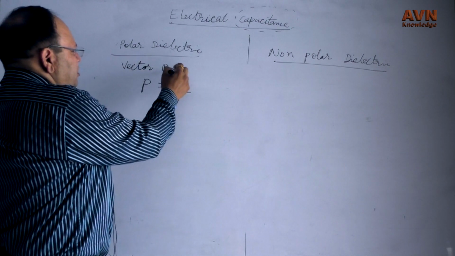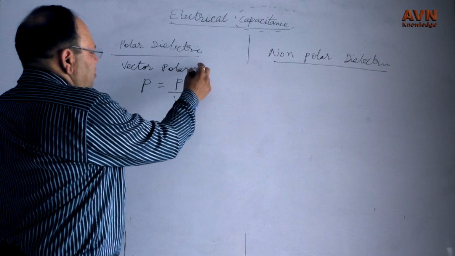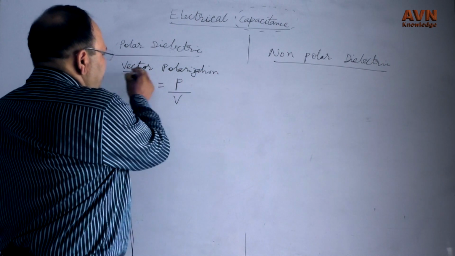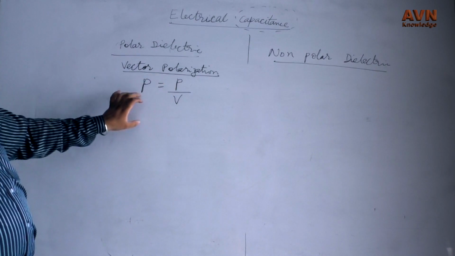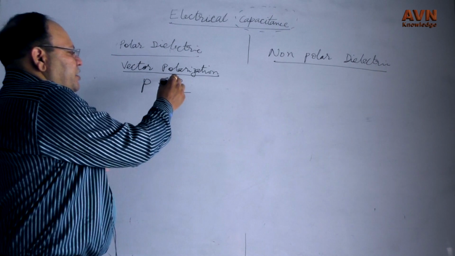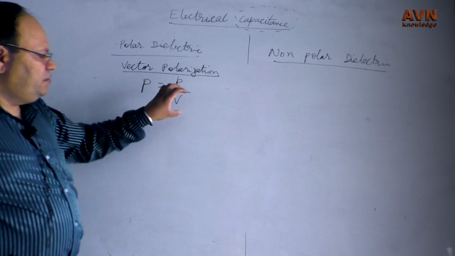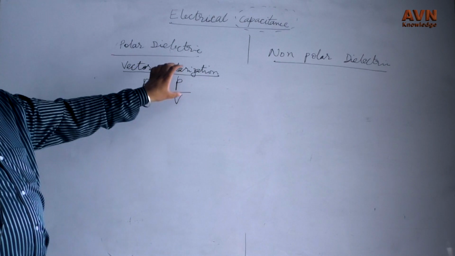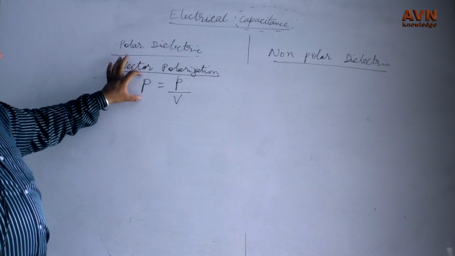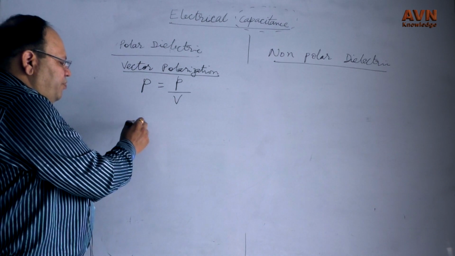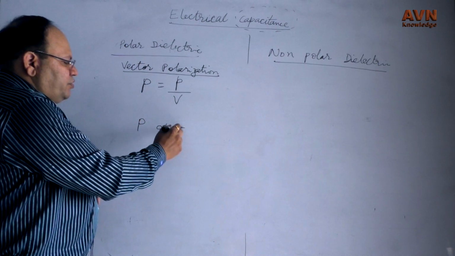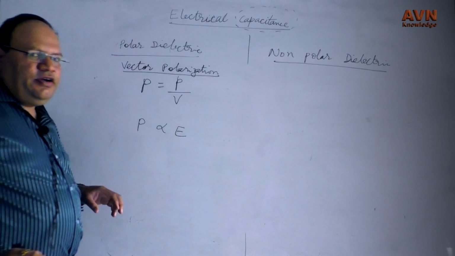Vector polarization is the electric dipole moment per unit volume, where small p is the electric dipole moment, and this vector polarization is proportional to the electric field.